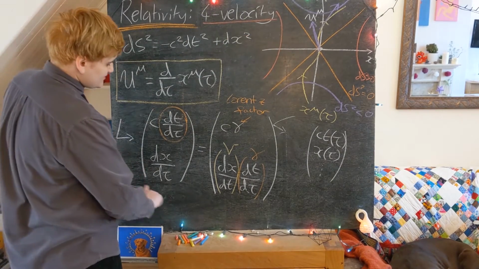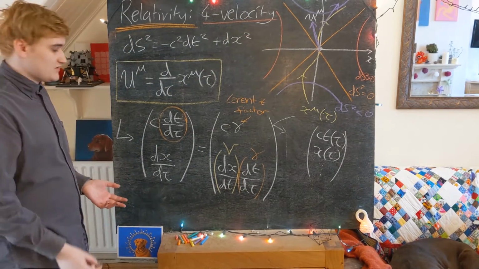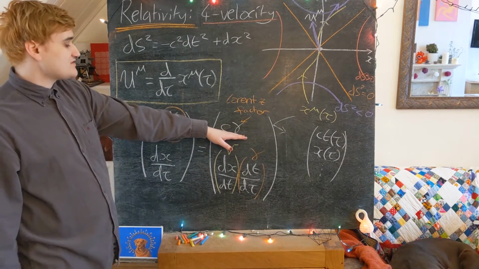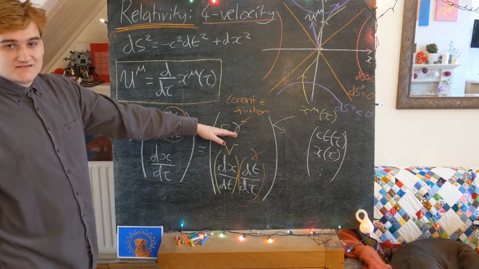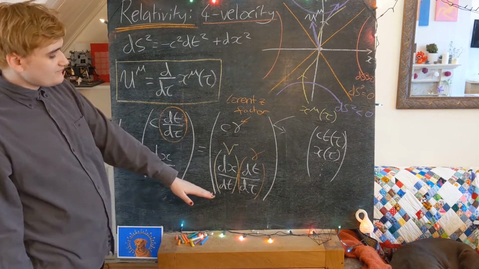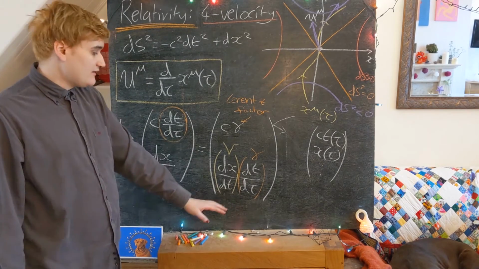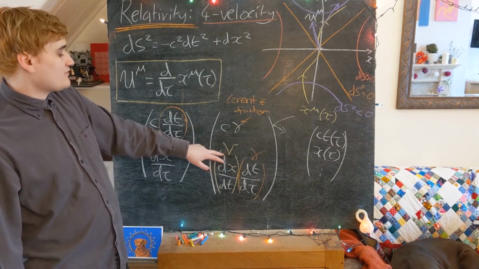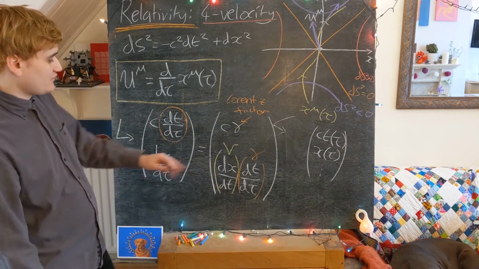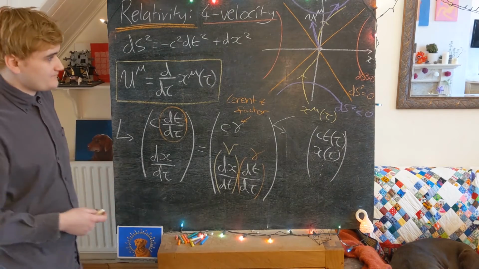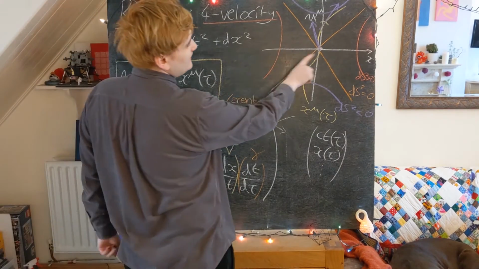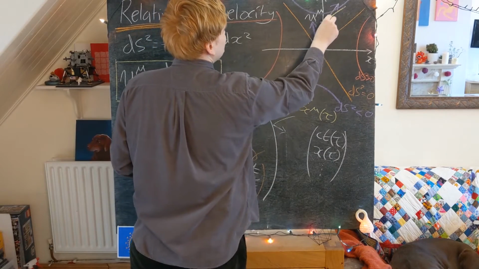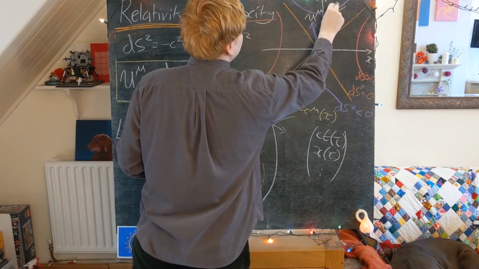So we can see from the form of the four-velocity that it's going to have a time component which depends on this Lorentz factor, and then a space component, which also depends on the Lorentz factor, but now contains this coordinate velocity piece.